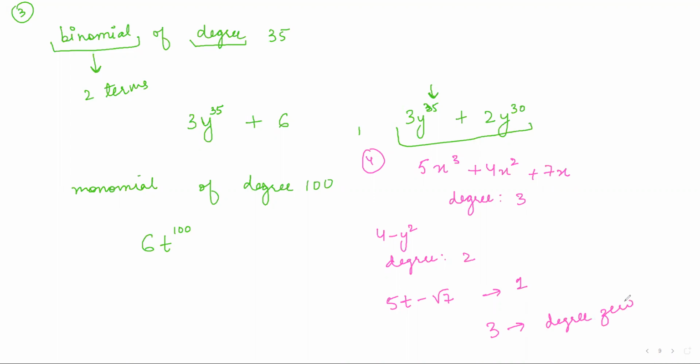Next question. Classify the following as linear, quadratic, and cubic. So this also I told you. x square plus x. So depending upon the degree, we classify it as linear, quadratic, or cubic. So what is the degree here? Quadratic.